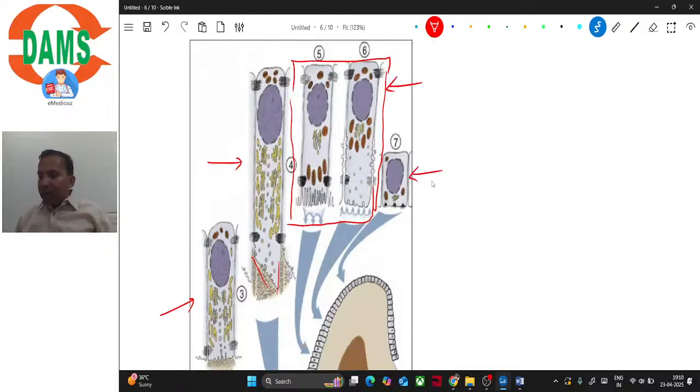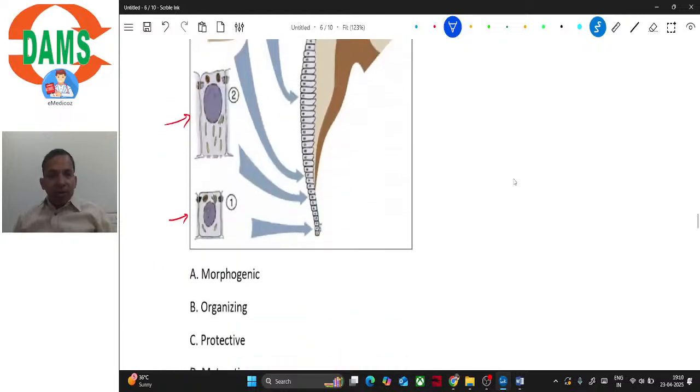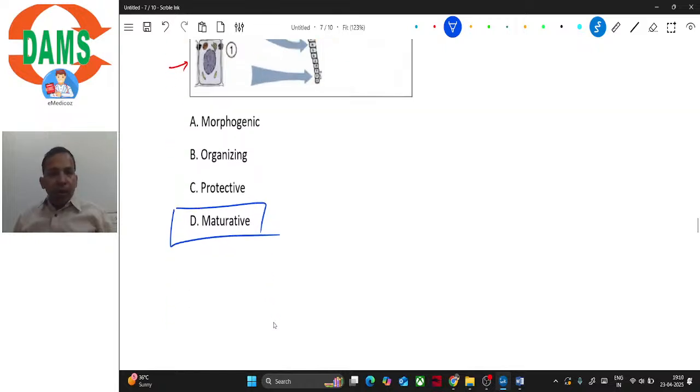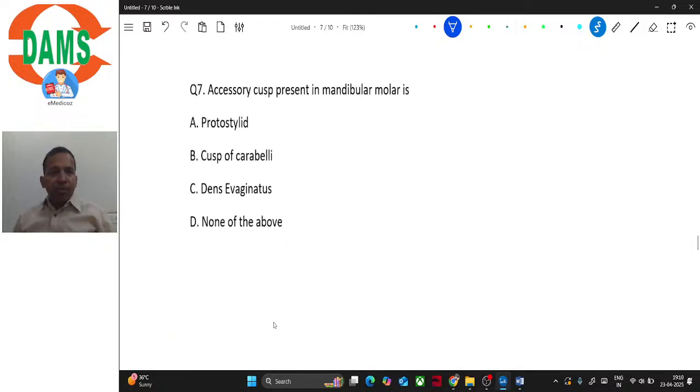And 7th represents post ameloblast, or you can say the reduced enamel epithelium, at the stage of REE. So let's see if we have a maturative stage here. So option D is the correct answer, maturation stage, right? When the enamel is undergoing maturation. So let's go to the next question.